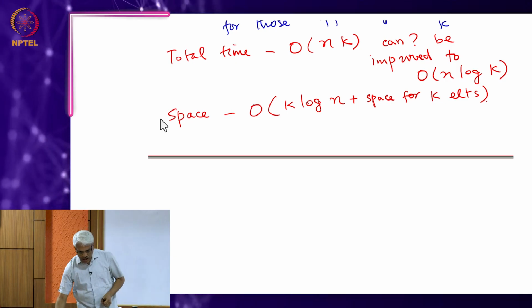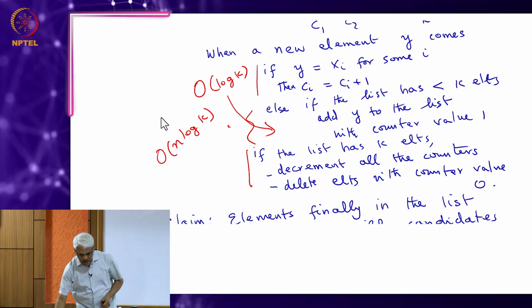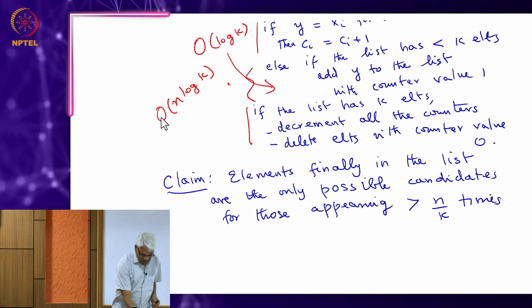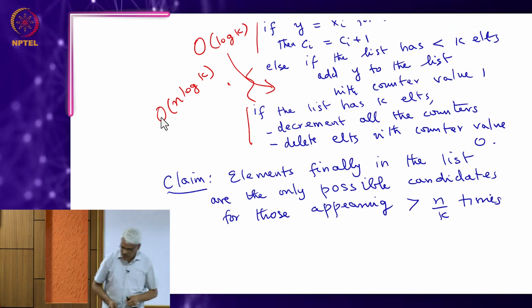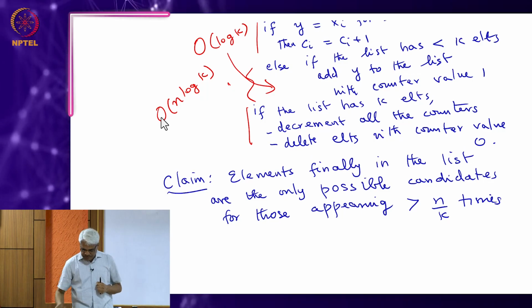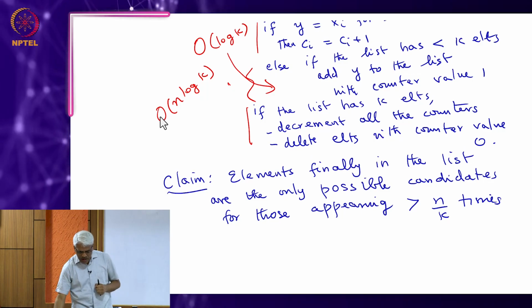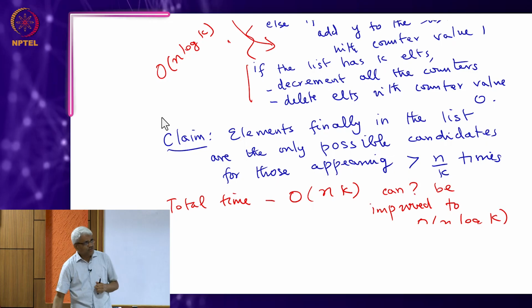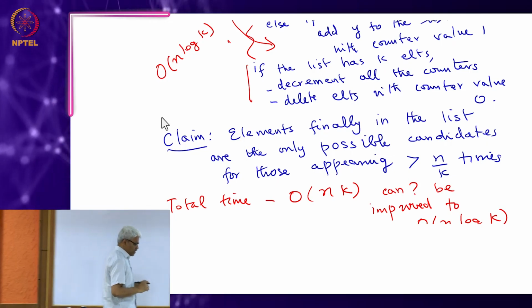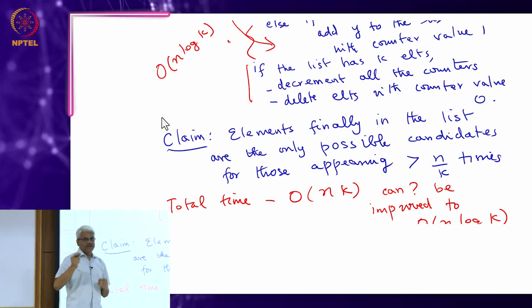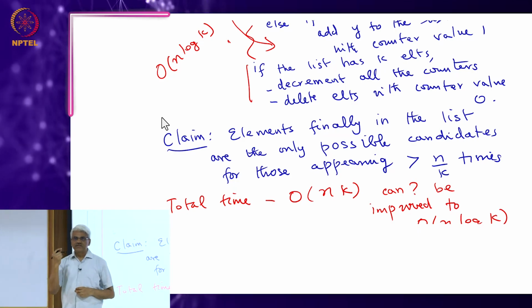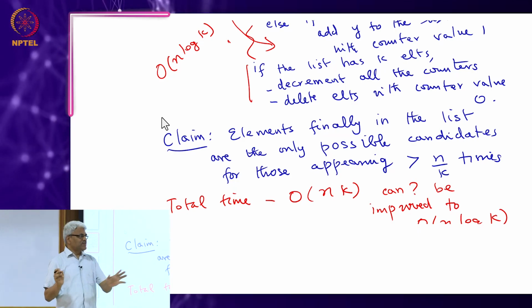So now I'm going to try and show this claim. Yes, I'm almost done. It has a very similar flavor to how we argued in that majority algorithm that the only surviving element is, and other elements have frequency less than n by k.